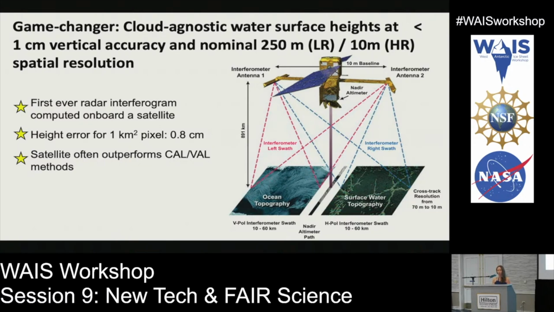It has been performing beyond expectations by far. It gets better than 1 centimeter vertical accuracy, and because of that, it is outperforming most calibration and validation methods out there, so it's been pretty hard to calibrate and validate this satellite. It's really been a game changer.